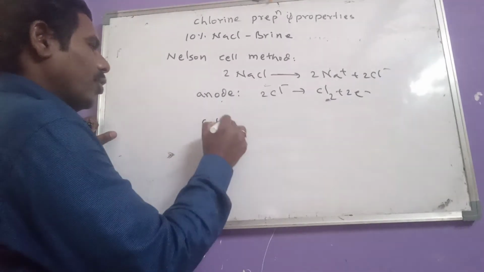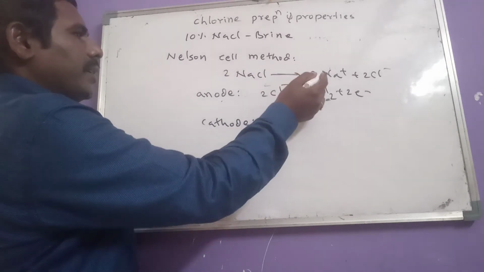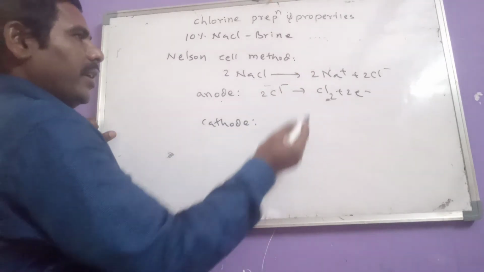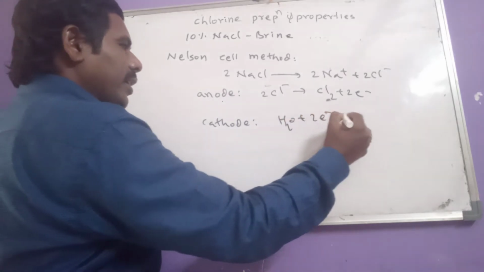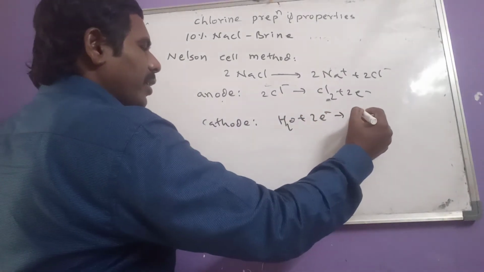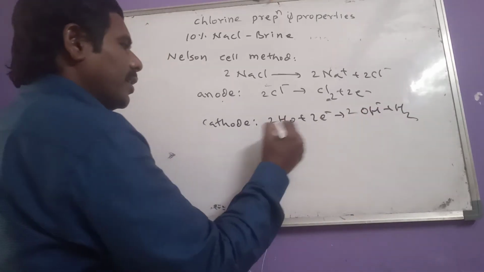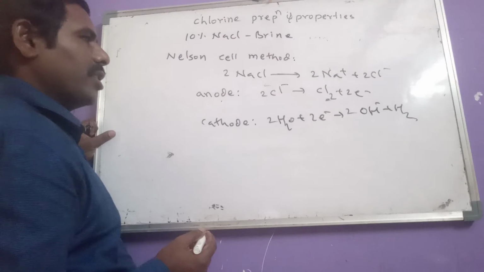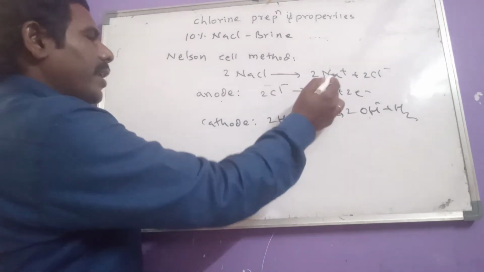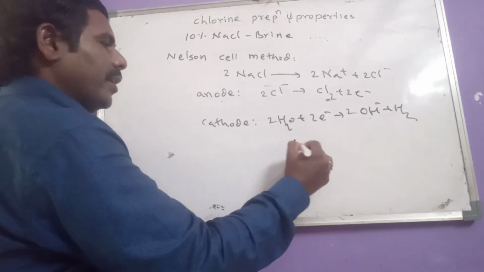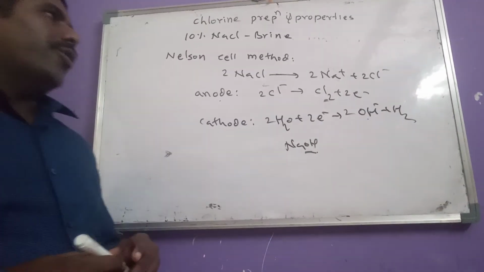And at the cathode, what reaction takes place? Na plus doesn't undergo reduction. Instead, water undergoes reduction to give OH minus ions. Na plus and OH minus ions combine together and produce NaOH.